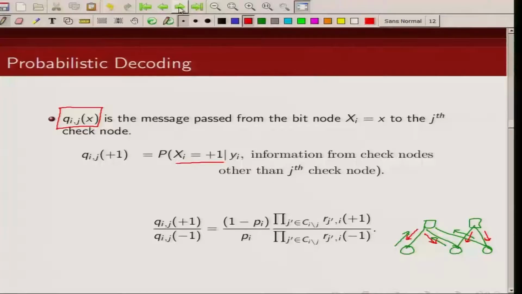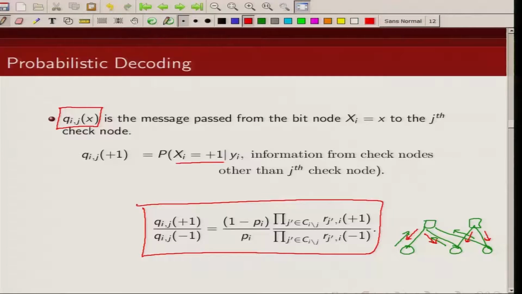So what's happening is, when you are decoding, because each bit participates in multiple parity check equations, you are getting some independent information from other parity check nodes, and you want to pass that information and spread it around in this network, and this probability is given by this expression.